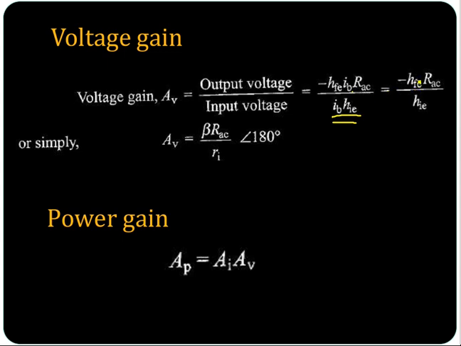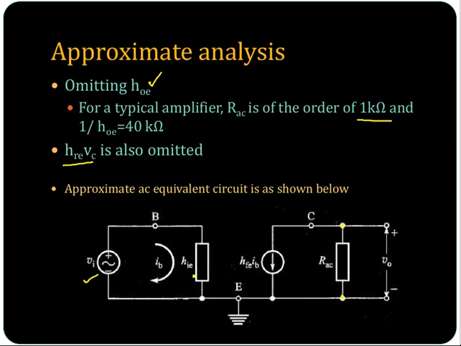So when you substitute beta for HFE, and what is HIE? HIE is nothing but the input resistance. This HIE represents the input resistance, isn't it? IB is the current that is flowing through the input resistance, and you are measuring the voltage across RAC. The current through RAC is HFE IB, and V0 will be 180 degrees phase shifted from VI.